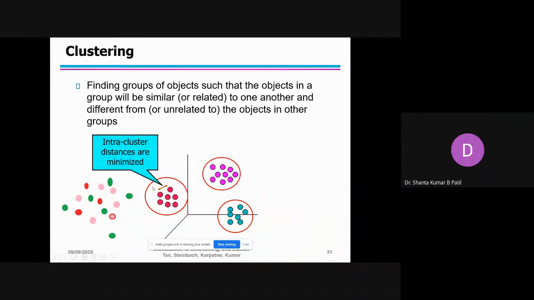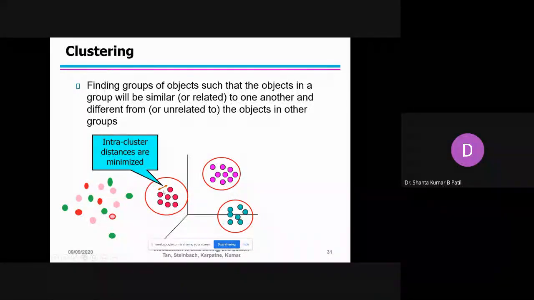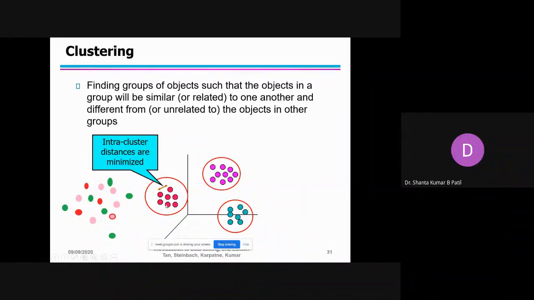Clustering also helps in the cluster case. What happens? Intra-cluster distances are very minimum, because all look similar. Even though you take their shape or their color, the intra distance is very less.